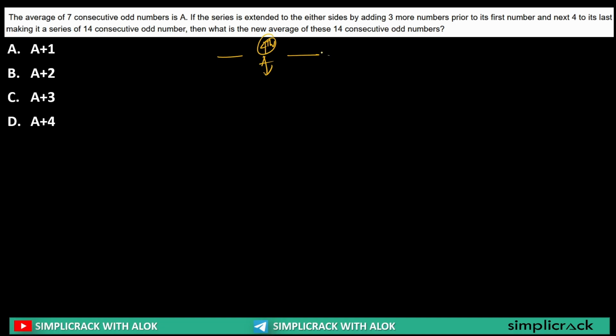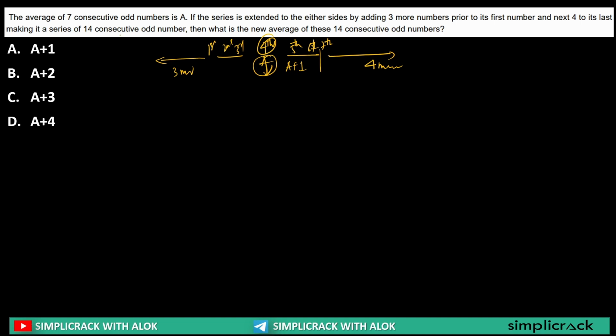See what it is saying. First number, second, third, fourth, fifth, sixth and seventh number. After the seventh number we'll be adding 4 more numbers, and before the first number we'll be adding 3 more numbers, right? And all these are consecutive.